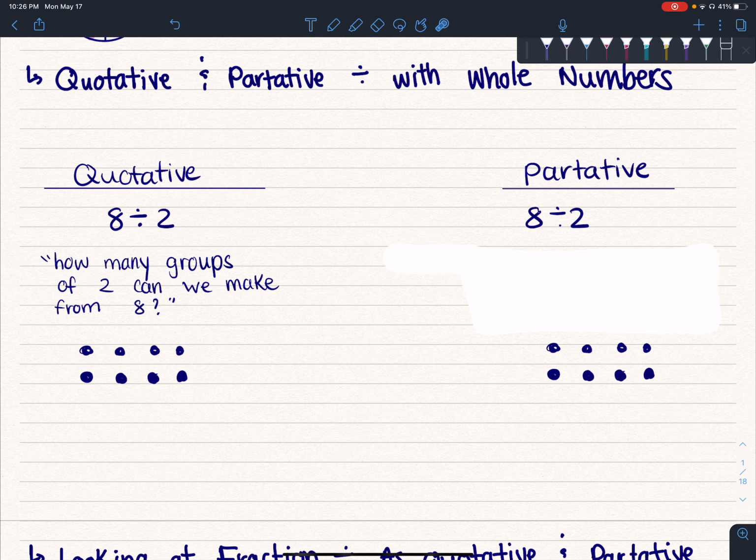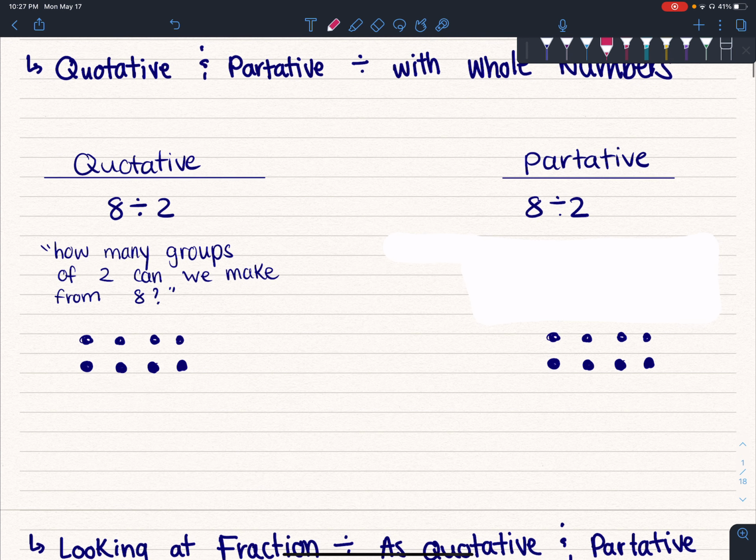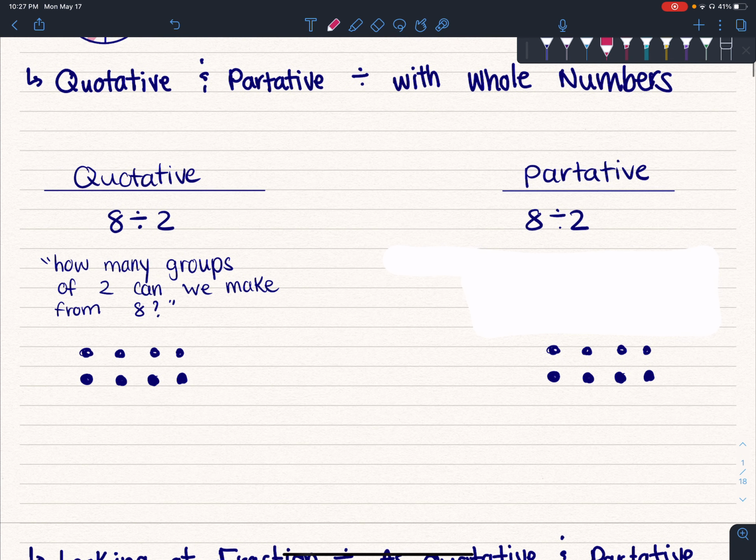Well, let me see. I'm going to group up my 8. I have a group of 2 here, a group of 2 here, a group of 2 here, and a group of 2 here. So I have 4 groups within 8. I have 4 groups of 2 in my number 8.